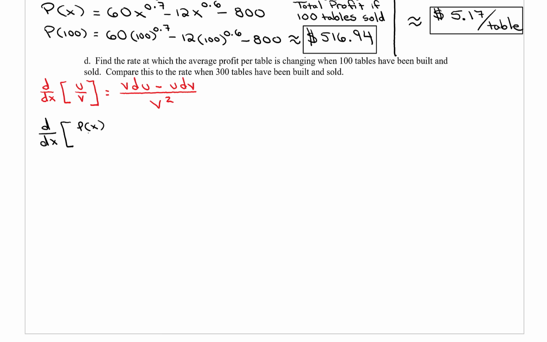So the derivative with respect to x of p of x divided by x is going to be equal to x times, I'm going to open up a set of parentheses.